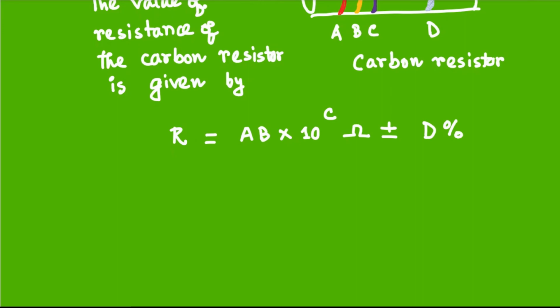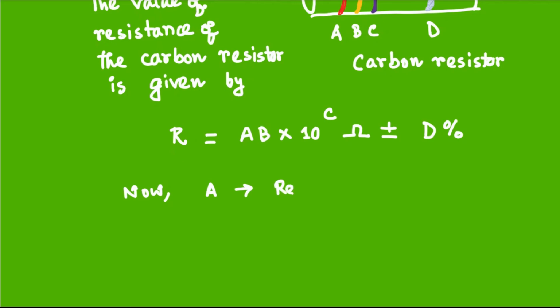This is the formula of resistance, where A and B are the values of the first two color strips, C is the value of the third color strip, which indicates the decimal multiplier in ohm, and D% is the tolerance or accuracy in the measurement of resistance.